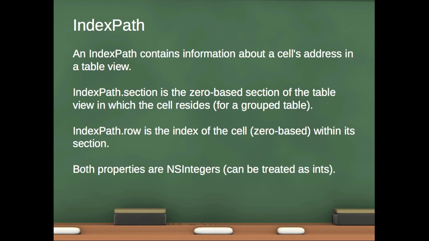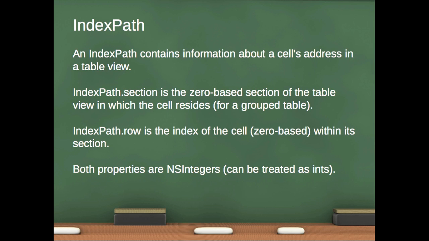A cell's address contains information about both the section that cell is sitting in and the row within that section. So indexPath.section is a zero-based section of the table view in which the cell is residing, and that's for a grouped table. If it's an ungrouped table, if it's one long list of data, then indexPath.section is going to be 0.